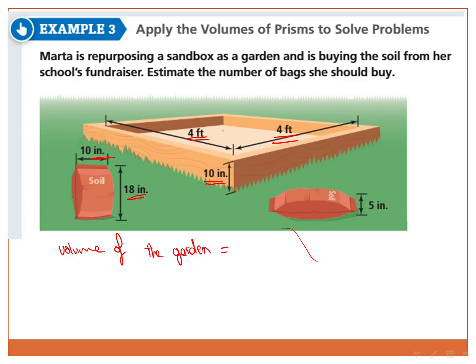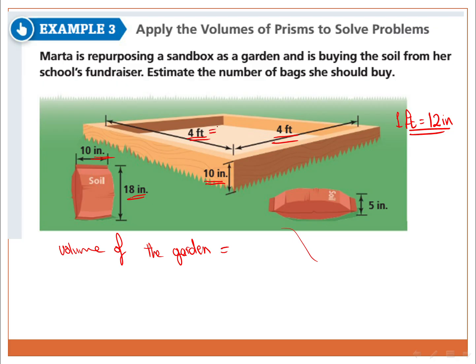So that means it's better for us to change the 4. So 4 times what to change? 1 foot equals 12 inches, right?